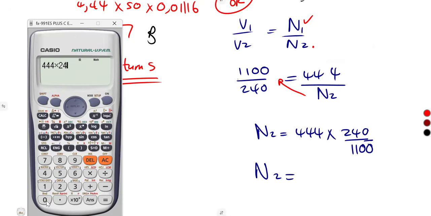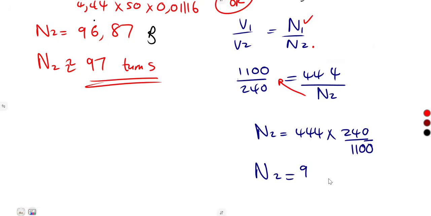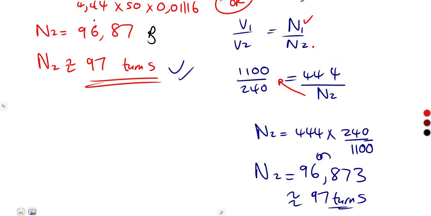This gives 96.873, which approximates to 97 turns, same as before. So you can even go back to the transformer ratio, apply that, and you're going to have the same answer.